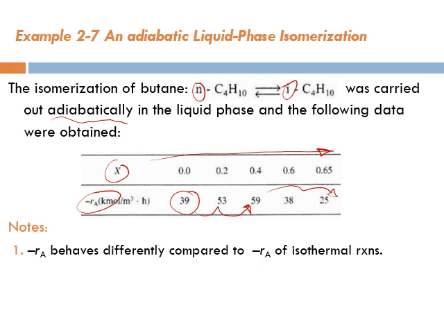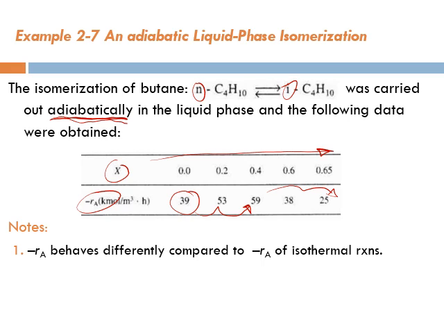You want to explain the rate of reaction? What do you look at? You look at the variables affecting the rate of reaction. What are these variables? Temperature and concentration. For the adiabatic operation, is the temperature constant? Well, it cannot be constant, because when you have a reaction, and let's say this reaction is exothermic, it's releasing energy, right?